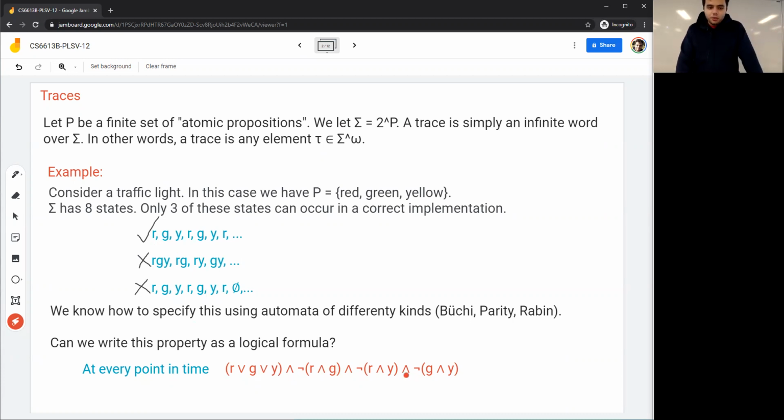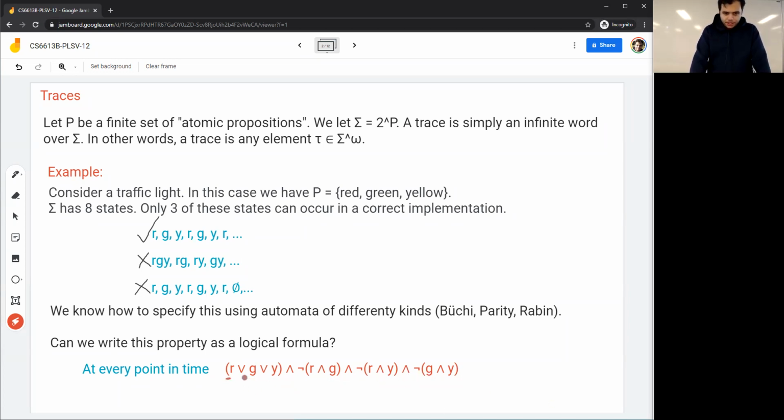Now, what I want to say is that I want a really nice property to hold at every point in time. So at every point in time, I want to be sure that at least one of my lamps is on, at least one of the colors is on. And I also want to make sure that no more than one is on. So it's not that both red and green are on or both red and yellow are on.